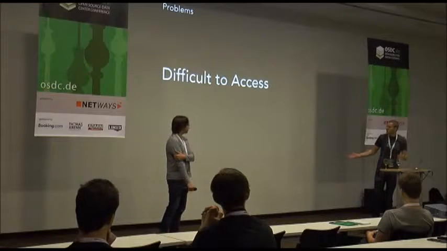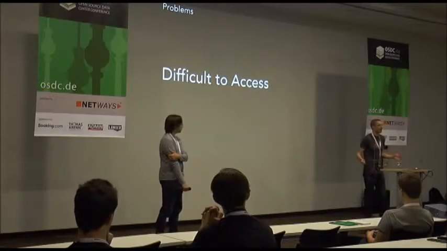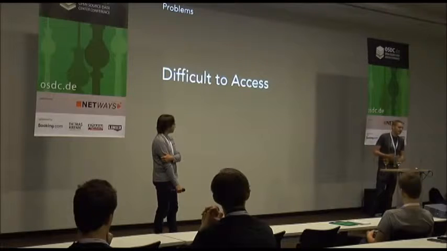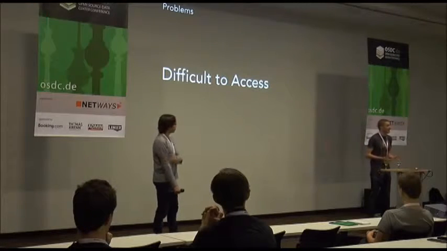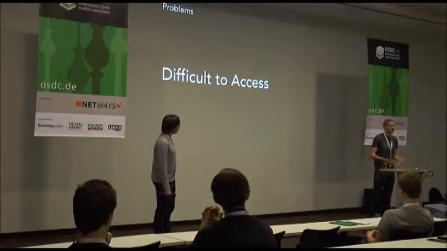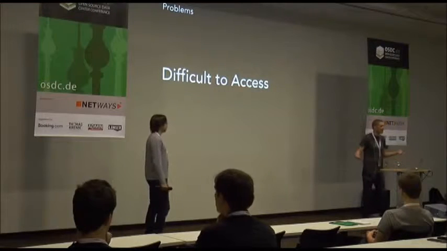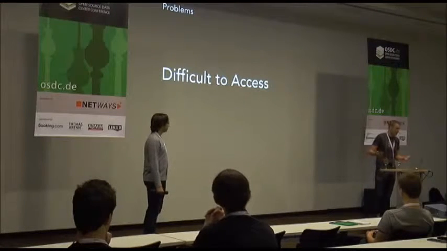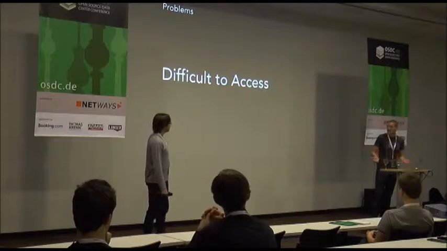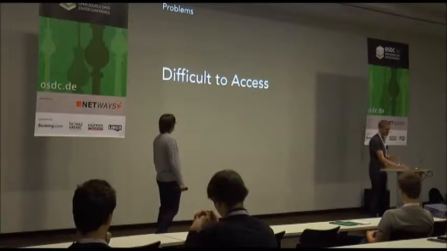They're still just writing the logs to some file somewhere. Then they have to log into the server and get there somehow. Sometimes there's just no way to SSH in easily and find the right file and stuff like that. So that's where it starts already. It can be very difficult to access.